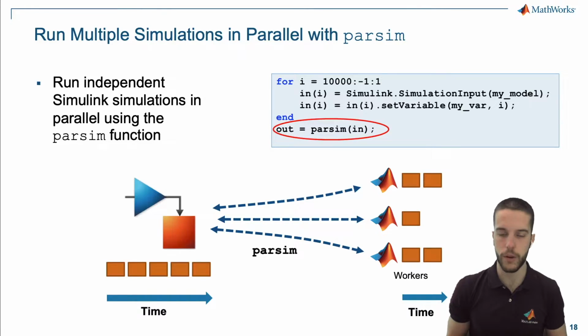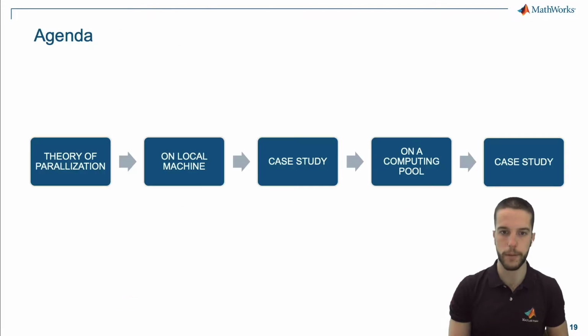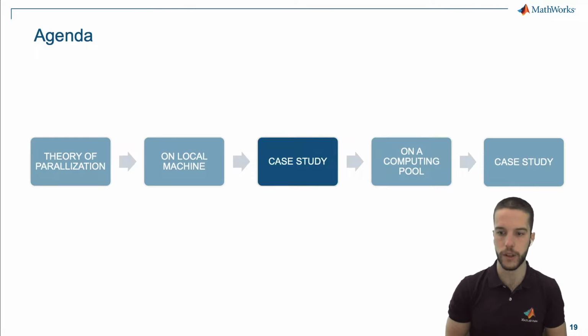Using different workers that simulate different tasks, we can, for example, make a sweep of parameters in a Simulink model and see how the different results compare, without taking too much time. Now I give the word to my colleague Alberto, who will show you some real case studies on how to use this parallel toolbox in your code.